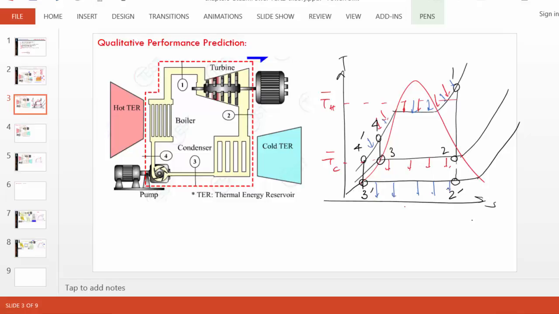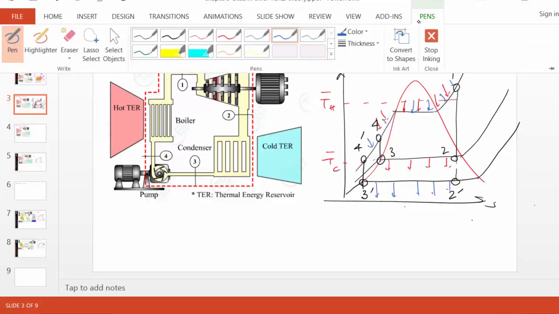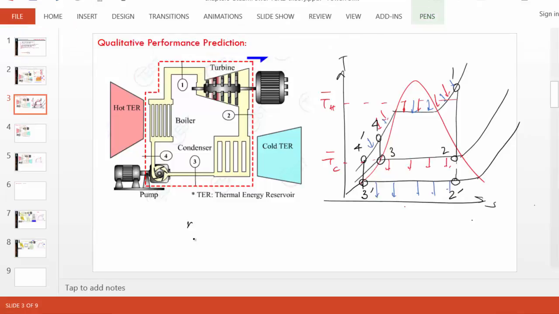So therefore, the thermal efficiency. First of all, we can see the net area has already increased, so therefore the net work will be higher if the condenser pressure is reduced. On top of that, we see that TC bar is significantly reduced and TH bar is slightly reduced.